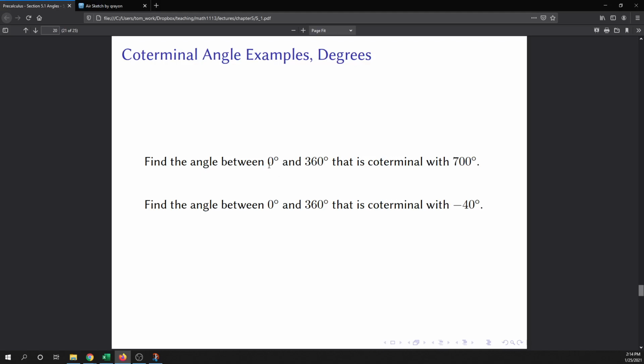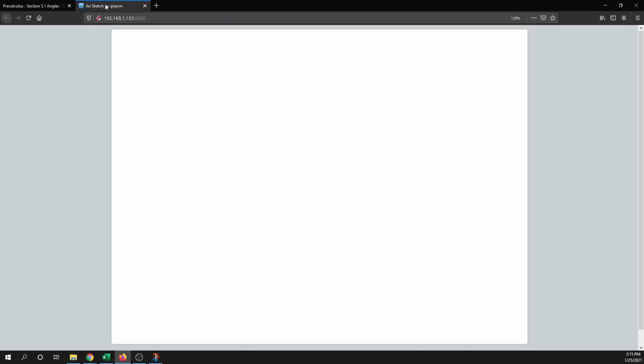Here they want the angle from 0 to 360. We're looking for an angle from 0 to 360 that has the same terminal side as 700 degrees.